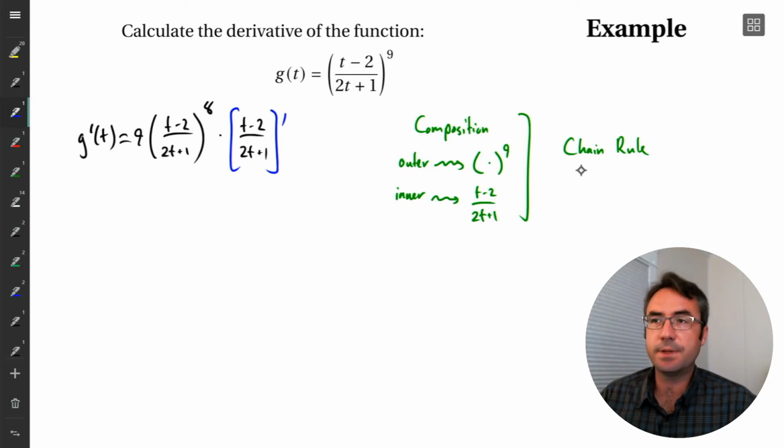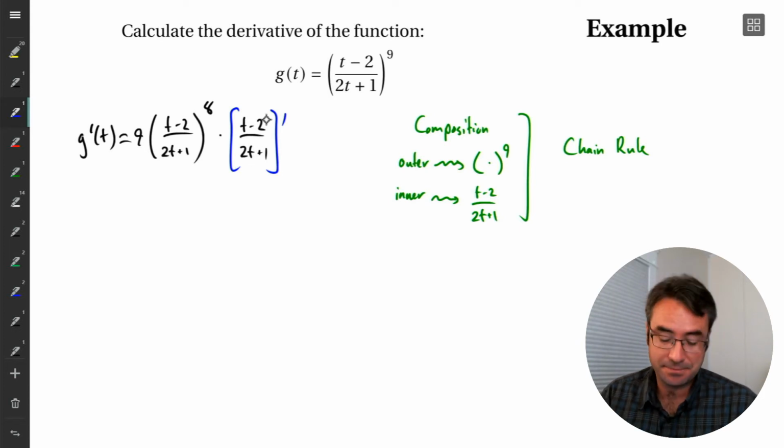What chain rule is really allowing us to do is break through. We're differentiating our way through that outer function. So we've differentiated the power function part, and now we have to calculate the derivative of the inner function part. If we're looking at this, it's not a basic function that we can differentiate.